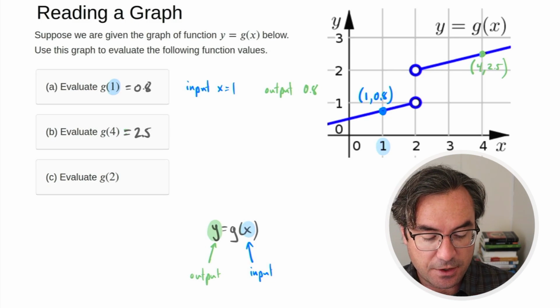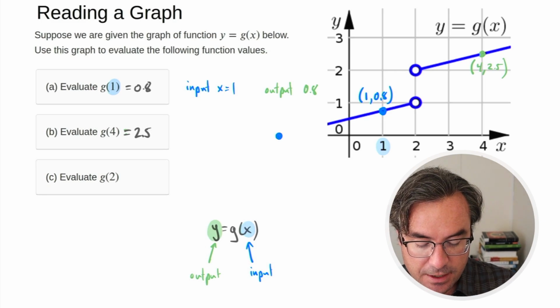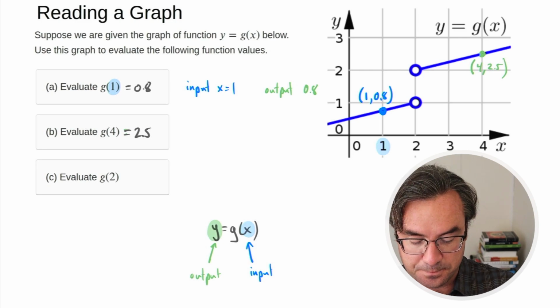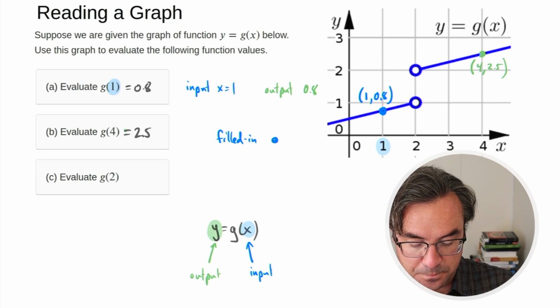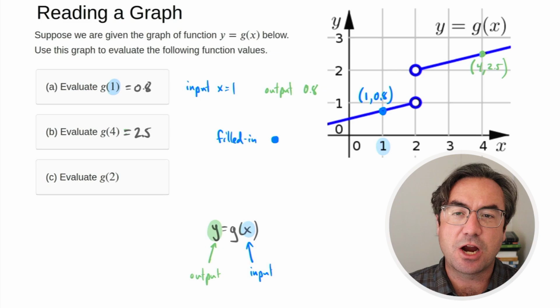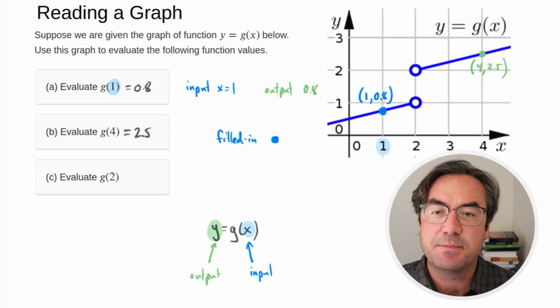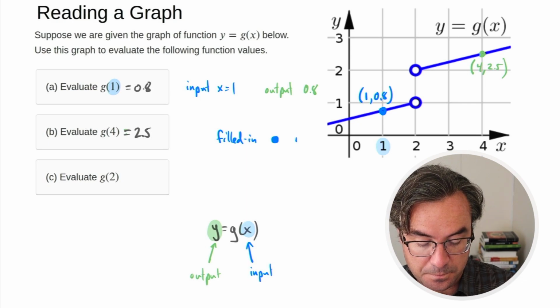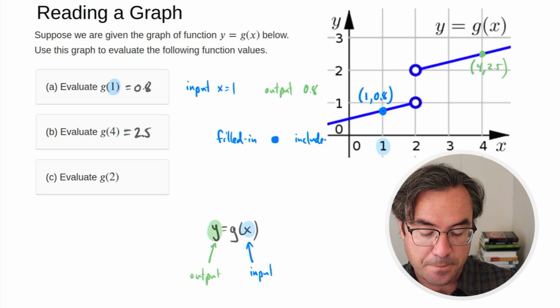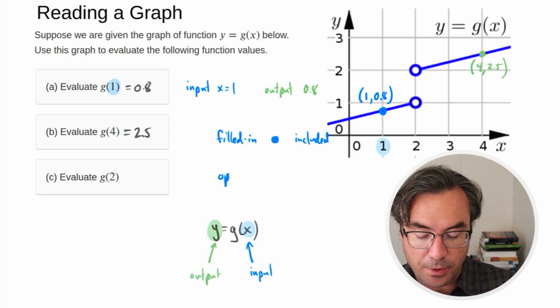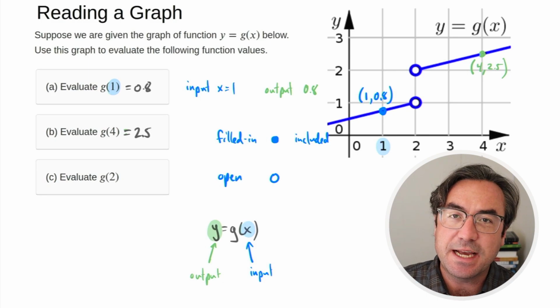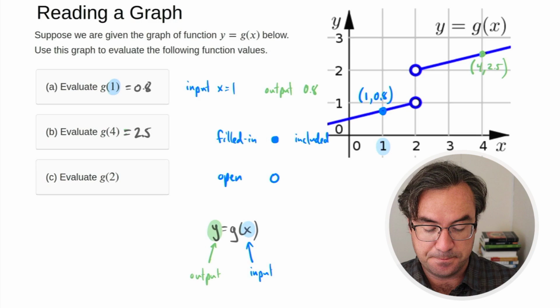So when we graph a function, if we use a filled in point, like this enlarged point that's all filled in, that means it's included in the graph. If we have an open point, an open dot like this, that means that point is actually missing. It's excluded.